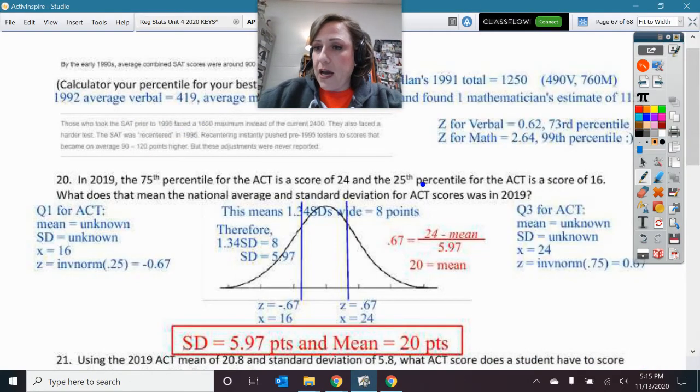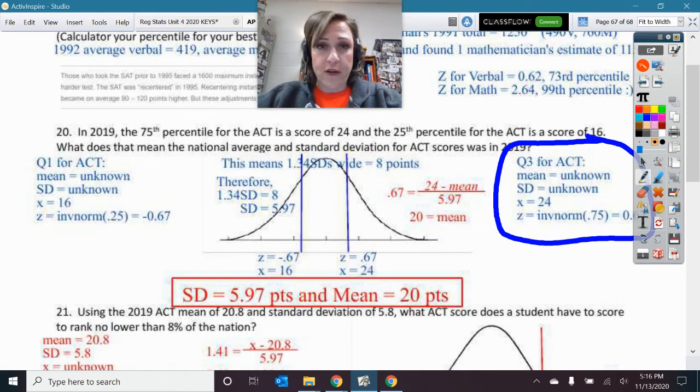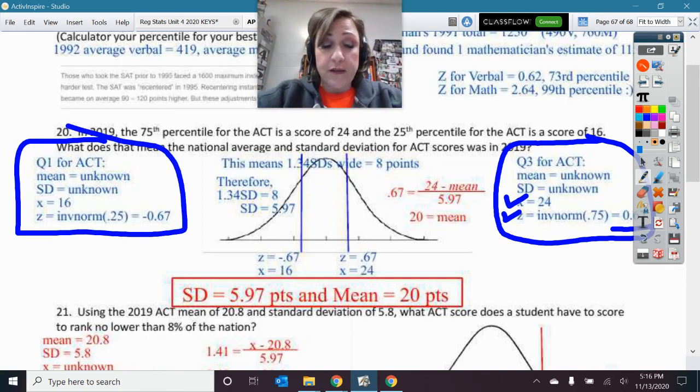We've been told the 75th percentile, so the z-score is inverse norm of 0.75, which is 0.67, and that goes with an x value of 24. Then the next sentence, the 25th percentile, which is your Q1, so that z-score is inverse norm of 0.25, or negative 0.67, goes with an ACT score of 16.